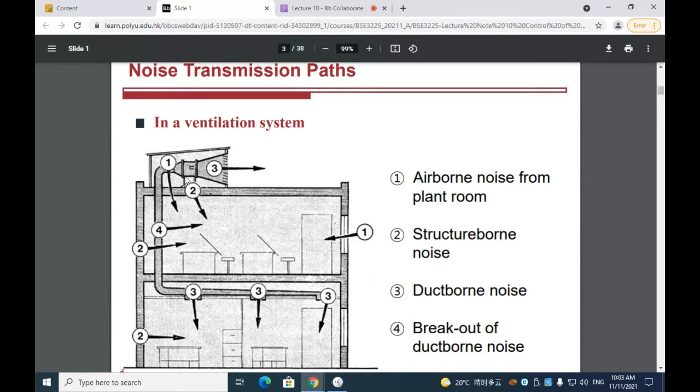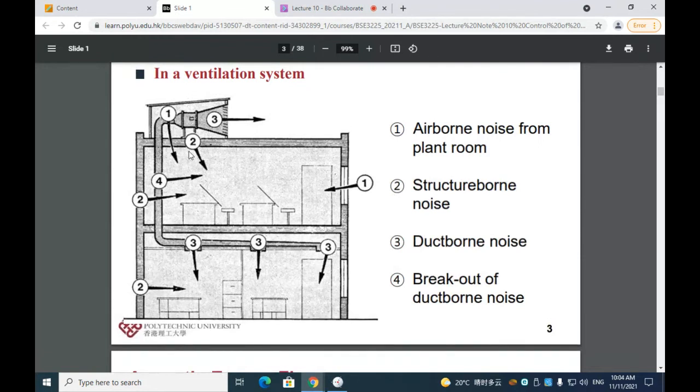The plant room in this example is located on the rooftop, and the vibration can be conducted through the structure as it's connected to the fan. So the noise can come from the ceiling part and the walls, obviously. Those are structure-borne noise.